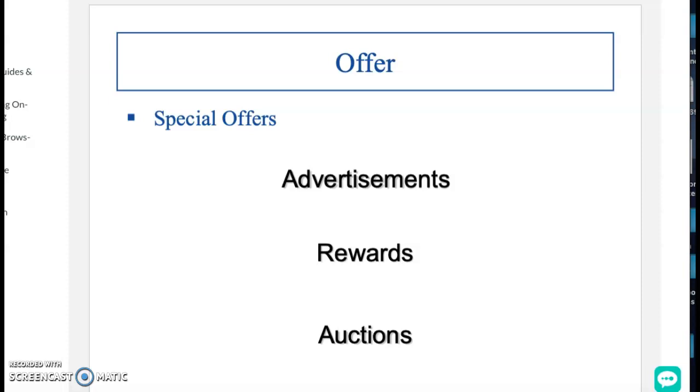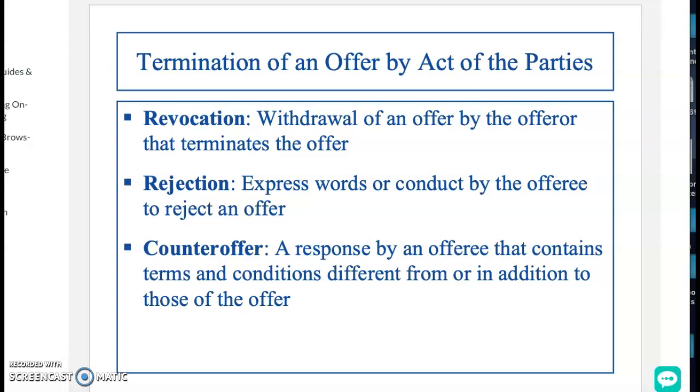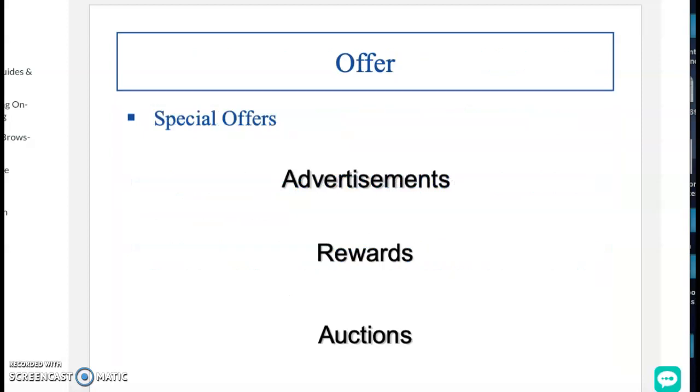Special offers. We're going to look at advertisements, rewards, and auctions. So an advertisement is the offeror inviting people to come in and spend money on a certain item. So let's say paper towels are on sale. You are putting out an offer that is accepted only by performance.